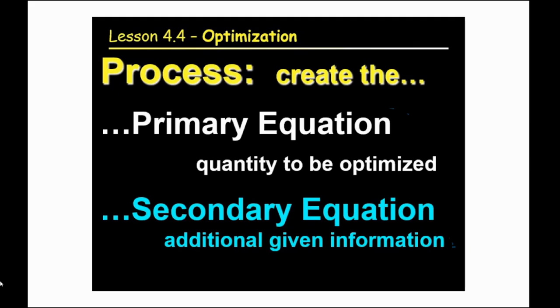We really didn't have a secondary equation for our Christmas box. We just had a primary equation, which was the volume. But the idea of the sketch became like the secondary equation because it helped us to navigate the letter X.